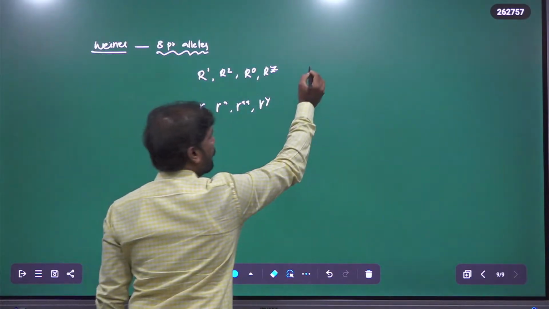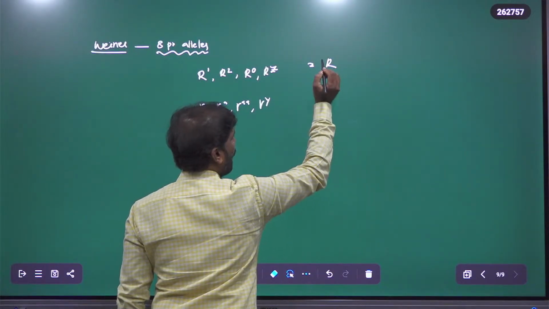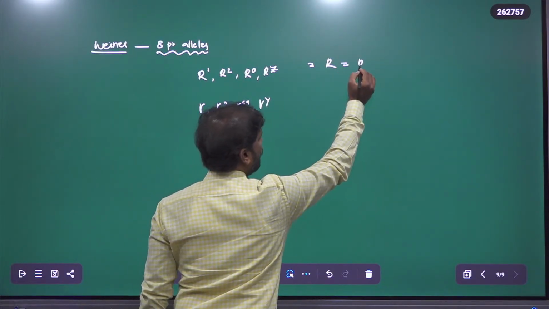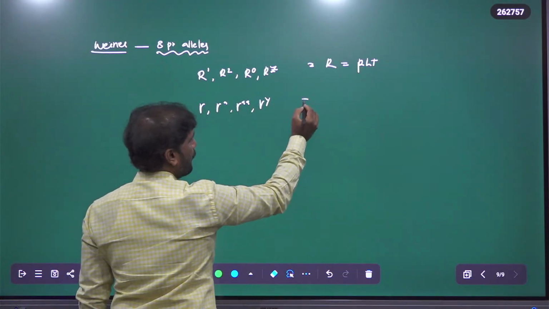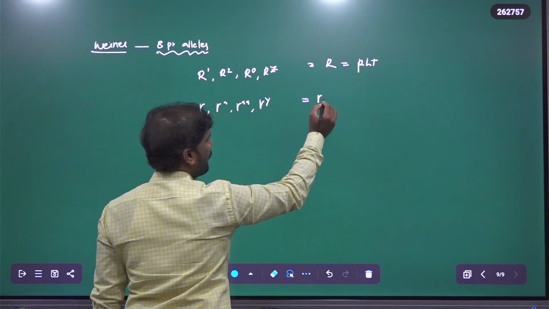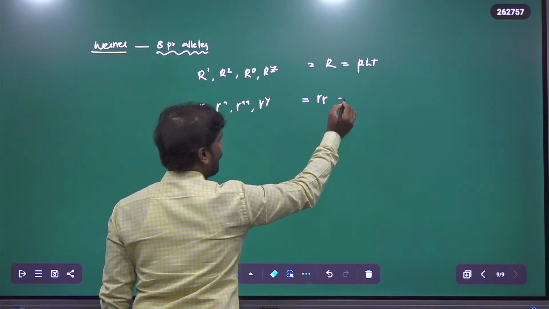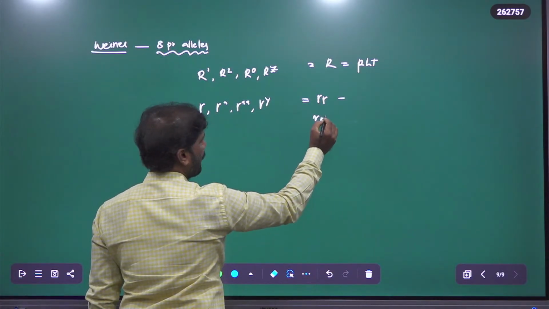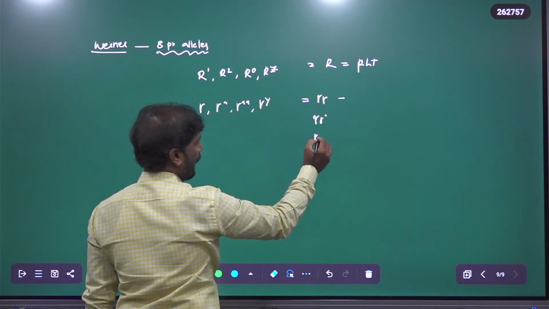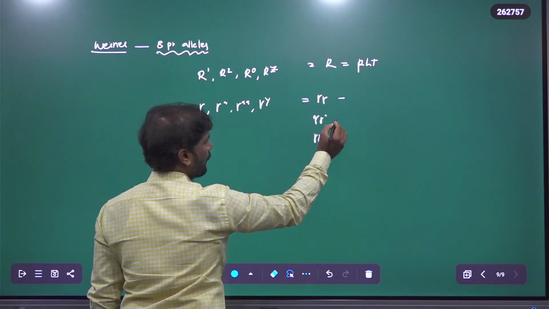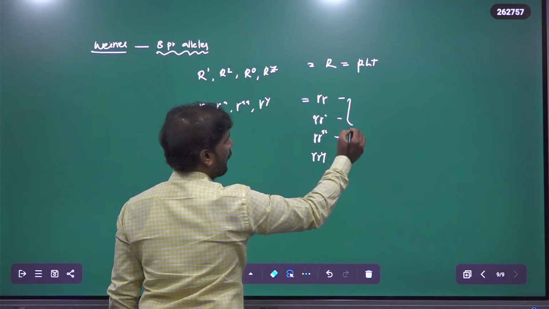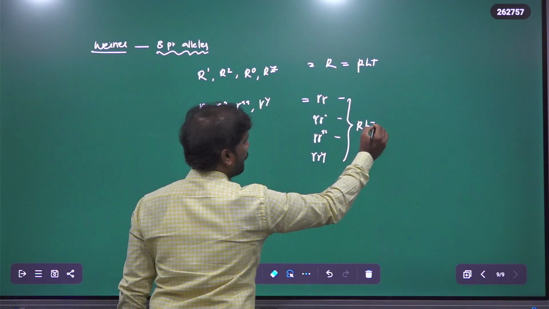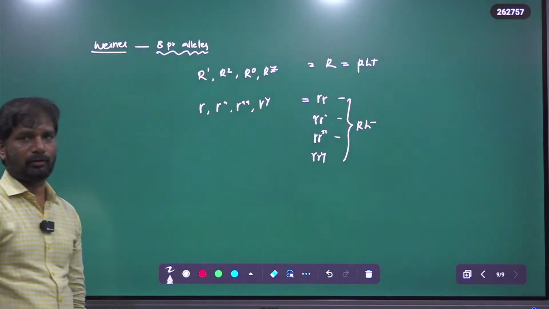The presence of capital R indicates the presence of the Rh antigen, while the small r forms indicate the absence of the Rh antigen.